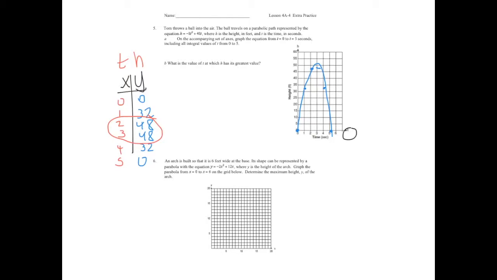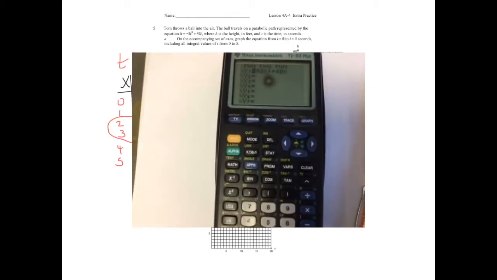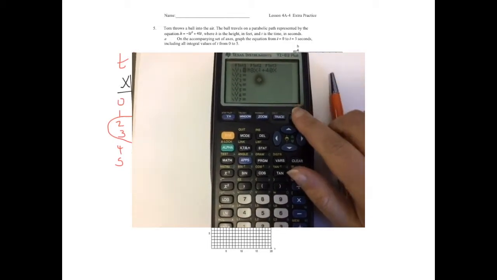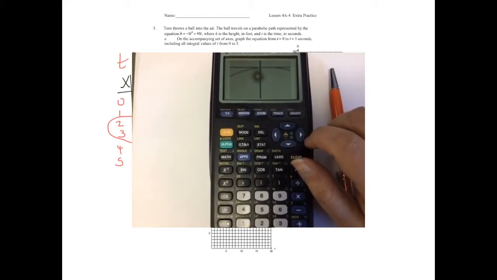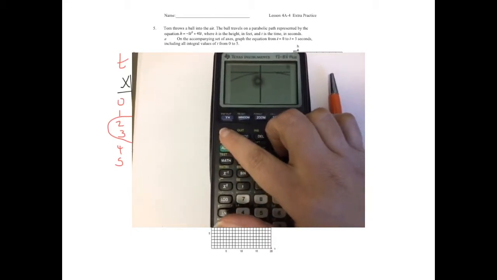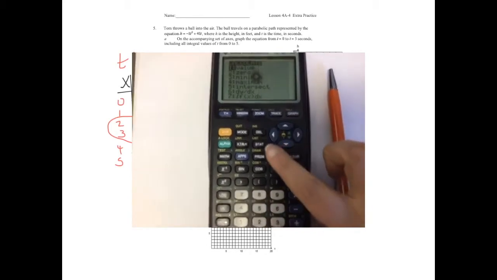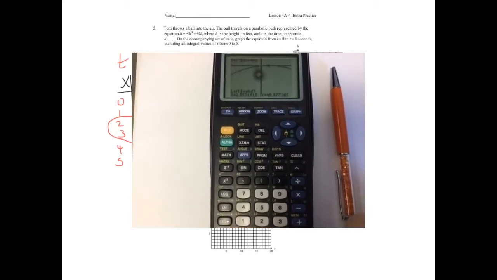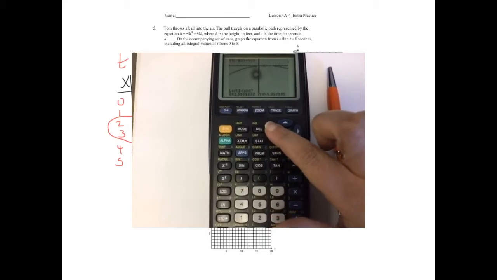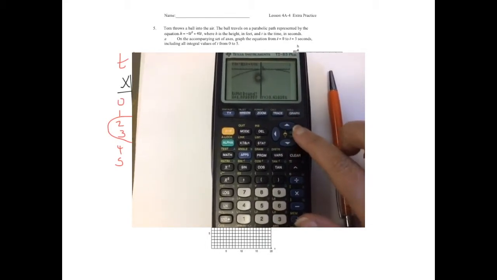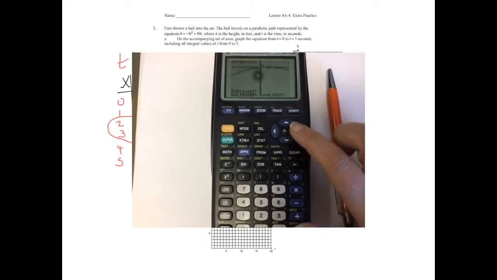We're going to graph it in the calc. We're going to add our video again. All right, so we are back here. I'm zoom fitted. I can't really see the maximum, so we're going to go to second trace, option 4. Go to the left, to the right, in the middle.